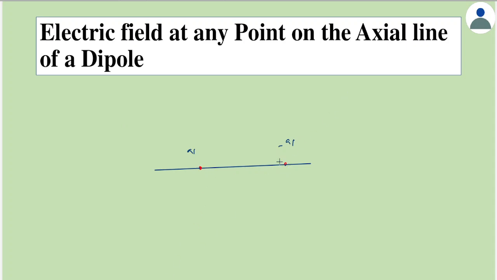It is called an axial line because it is passing through their axis. And also, if we put a plane which is perpendicular to the axis, I draw a plane like this. This plane is normal to the axis and passing through the center. This plane is called the equatorial plane.